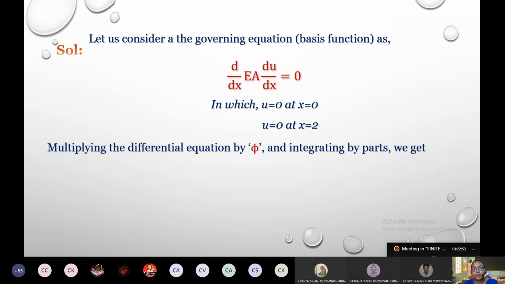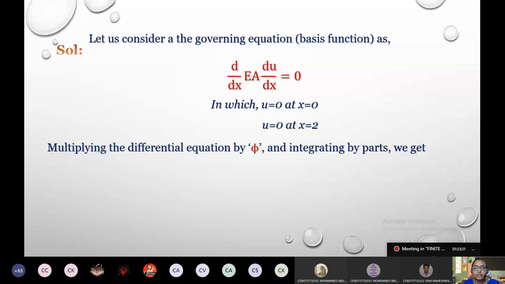Integrating in parts we take into account when we have two different functions with variables. Here we have u as a function of x, that is the unknown, and phi also will be a function of x. Both are formed out of the same basis functions. Because we have two terms, we are integrating by parts.